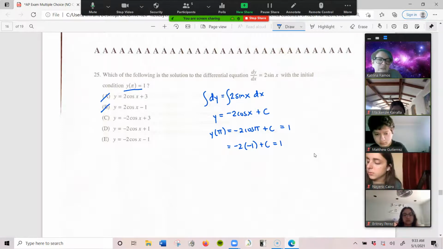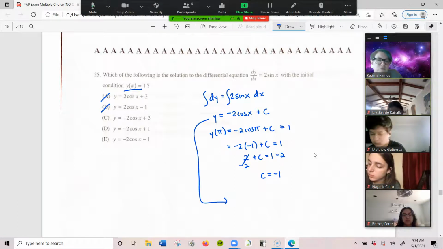So negative 2 times negative 1 is positive 2, plus c is equal to 1. So subtract 2. We get that c is equal to negative 1. So our equation would be y equals negative 2 cosine x minus 1. So E.